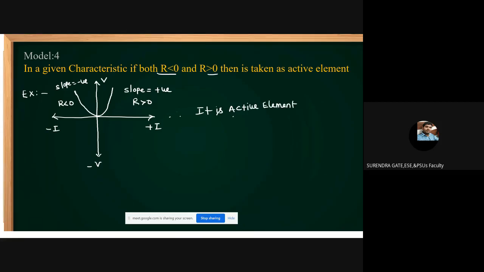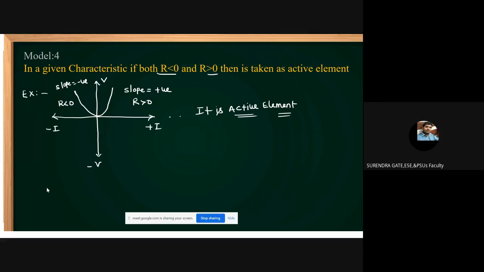For an active element only, we may expect these characteristics. That's why it is taken as active. Yes, friends, I think you got the idea how to identify an active element and a passive element from the given characteristics. My suggestion is, for the first two models, go for the concept of slope, R less than 0 or greater than 0.